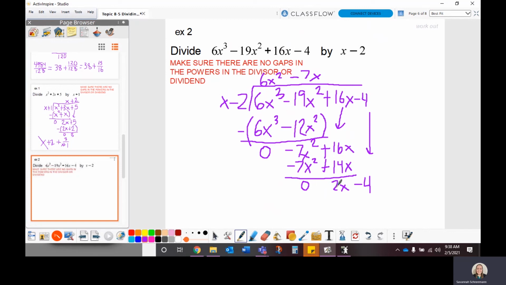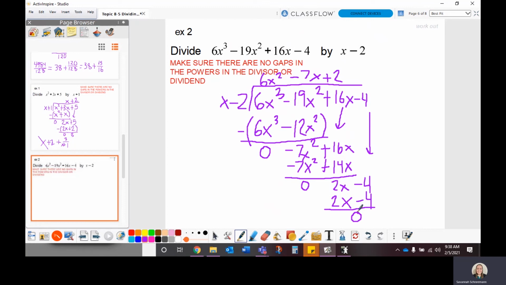So again, x will go into 2x, a positive 2 times. We're going to write a positive 2. So 2 times x is 2x. And negative 2 times a positive 2 is negative 4. So when we subtract those, we are left with nothing.